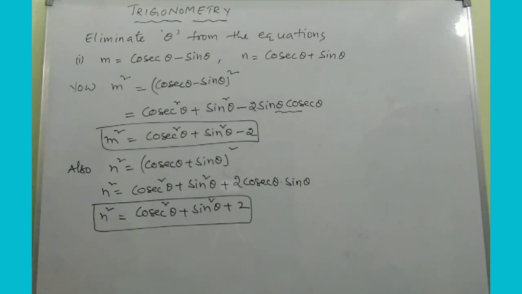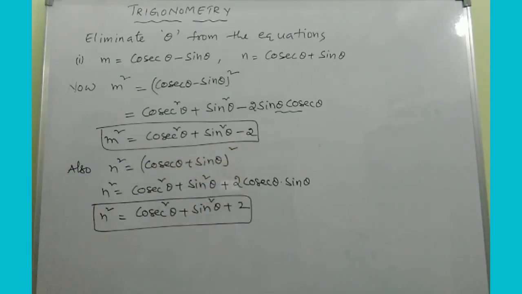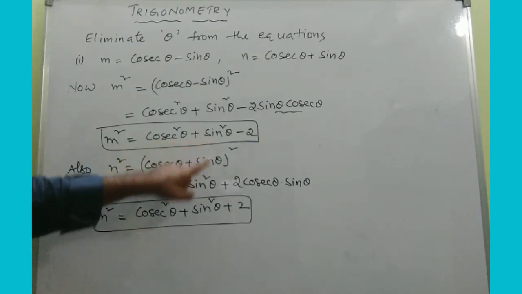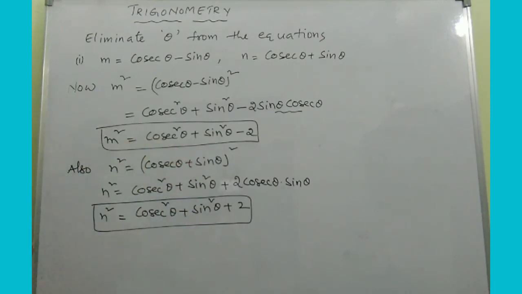Now see here, suppose I add these two, then only minus 2 and plus 2 get cancelled, whereas cosecant square plus cosecant square is 2 into cosecant square theta, and sin square theta plus sin square theta is 2 into sin square theta. I mean, we are getting a relation, but theta is still included here, and we need to eliminate it, no?